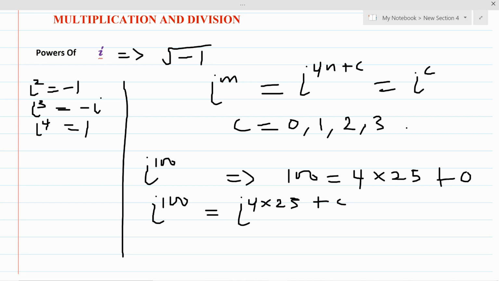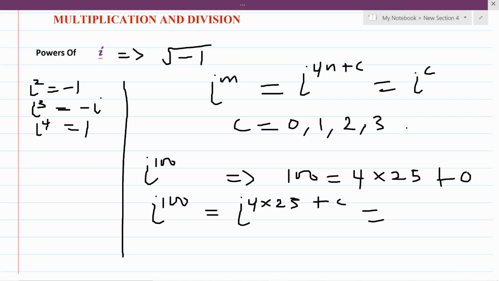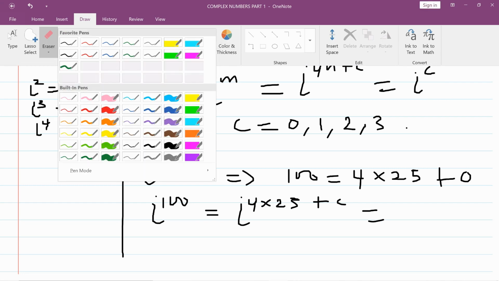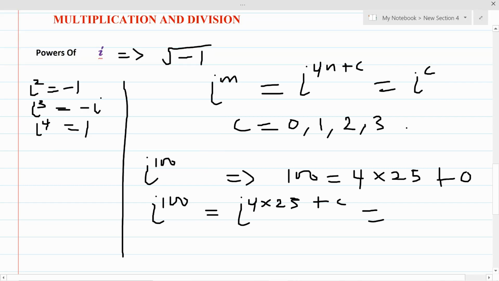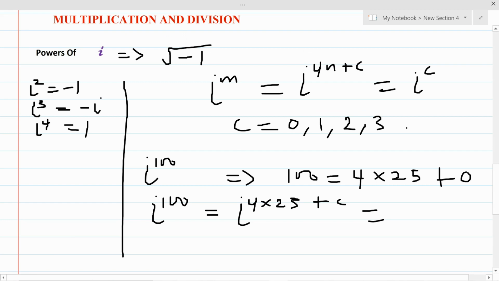Now from the general equation, we are saying that if we can have some c, then the whole of this can be written as i to the power c here.